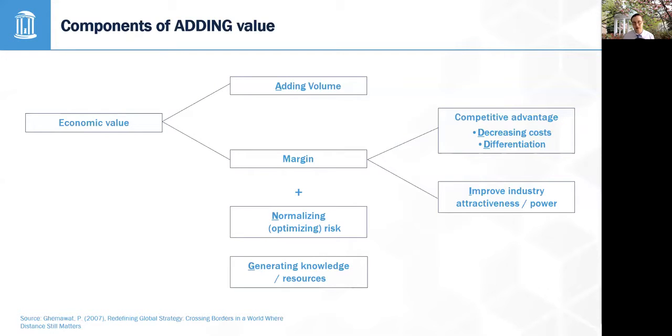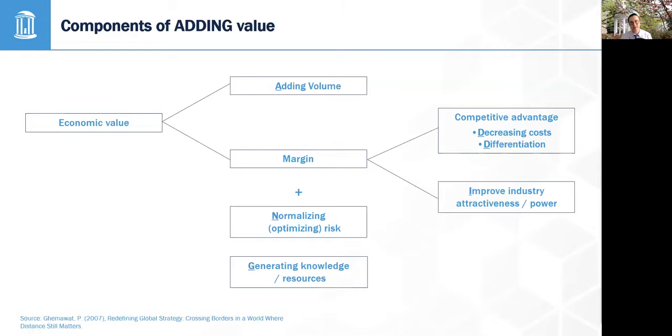The CAGE framework thinks about where you want to go first, so which countries you want to increase operations in. And then the final framework that we talked about, the AAA triangle, was thinking about generic strategies for executing that value creation.